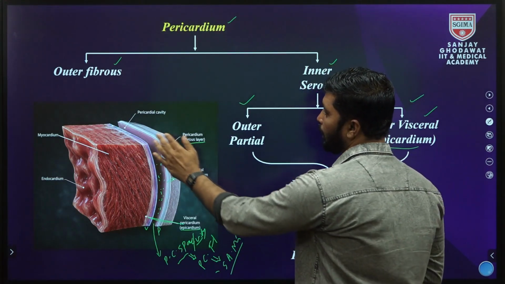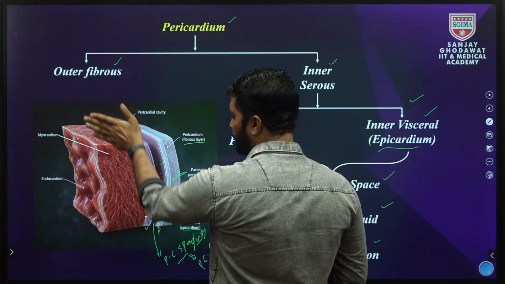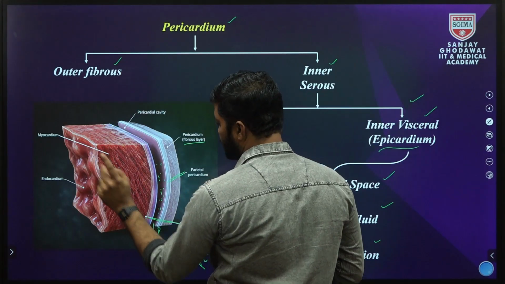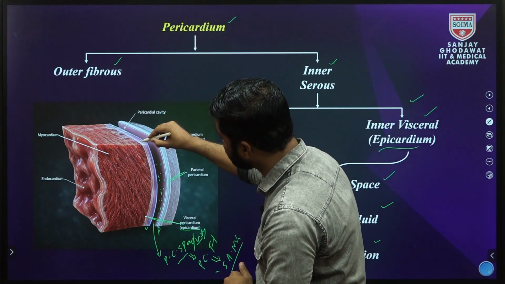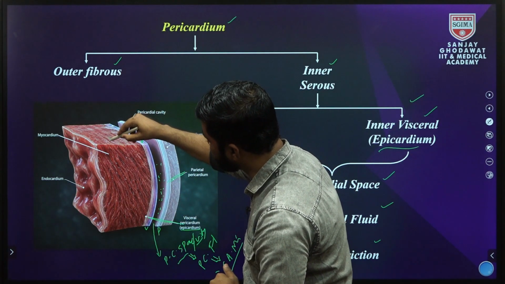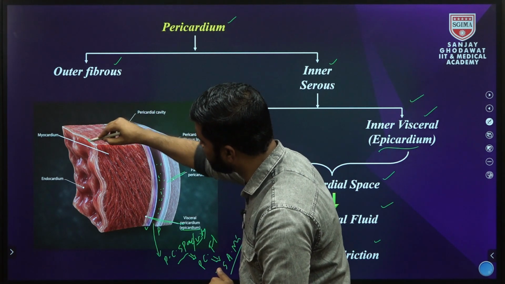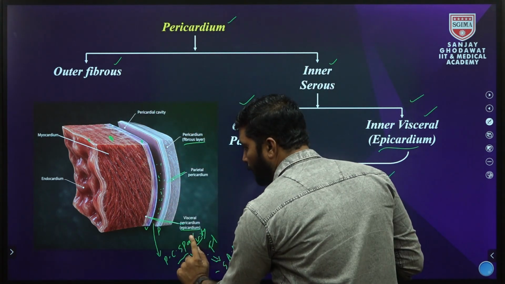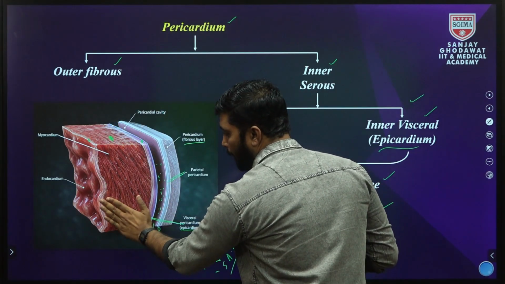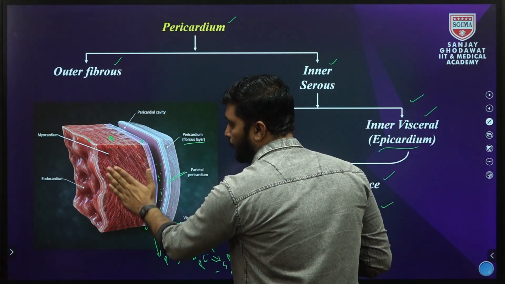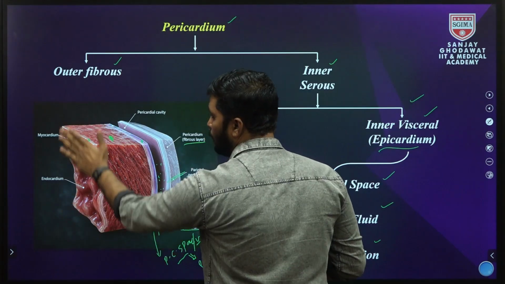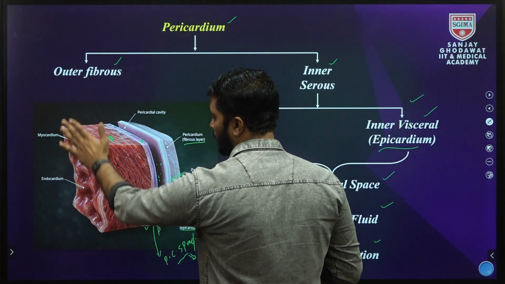If you take the layers of the heart wall, there are a total of 3 layers: outer, middle and inner. This is the outer epicardium, the middle myocardium is a thick layer, and the inner is the endocardium, the innermost.